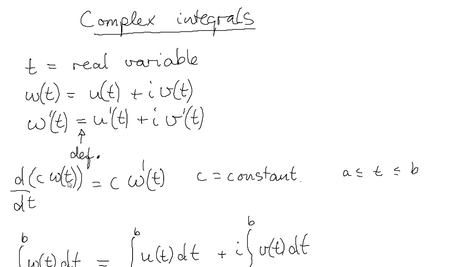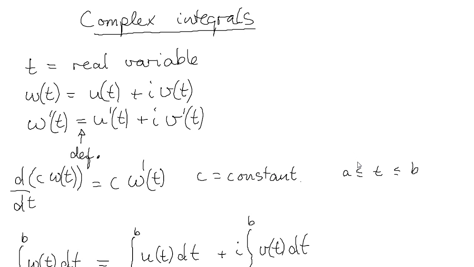So the derivative of this function is equal to c multiplied with the derivative of w with respect to t. So this is the case when c is a constant.